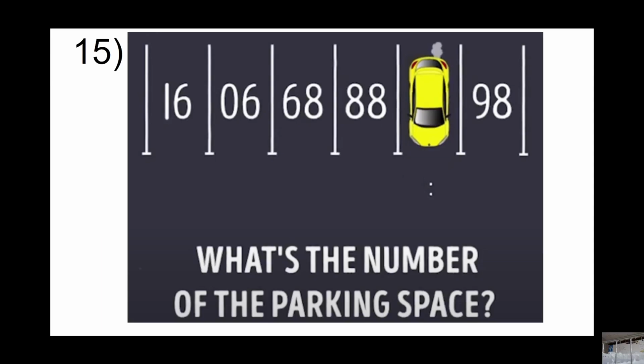87? What's the first parking spot number? No, it's 16. What's the second parking lot number? 6. Wait. It's upside down. This is parking spot 1. This says 16. This is parking spot 2.